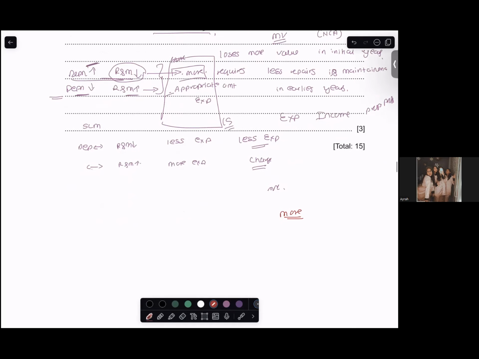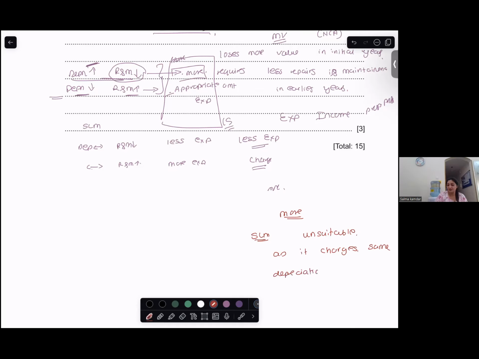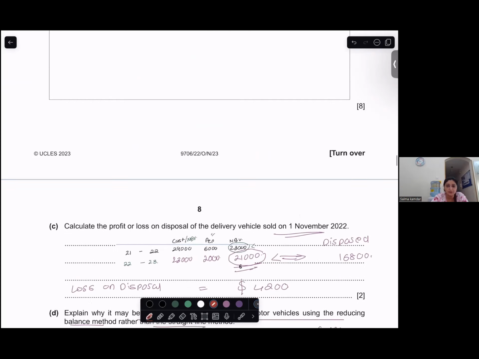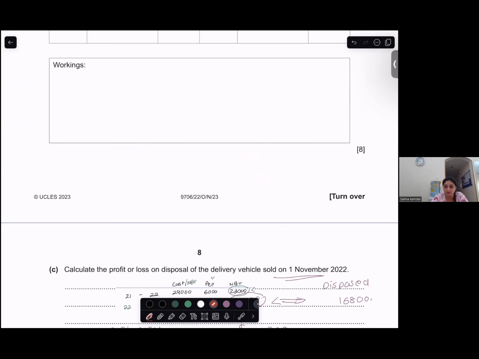And for the straight line method, you will write it would be unsuitable, because it charges the same depreciation over the life of the asset. So with this, we complete question number 2, October, November 23, paper 22.